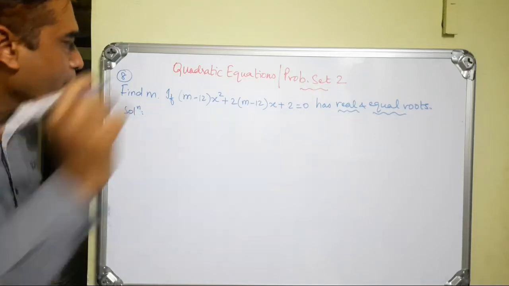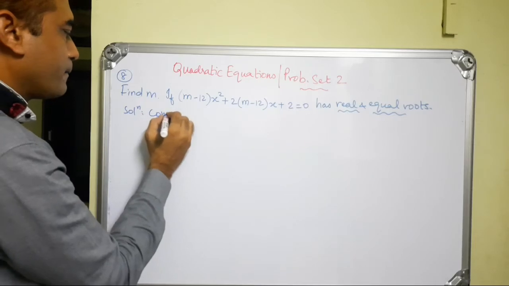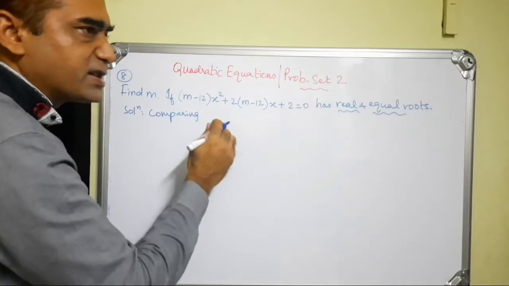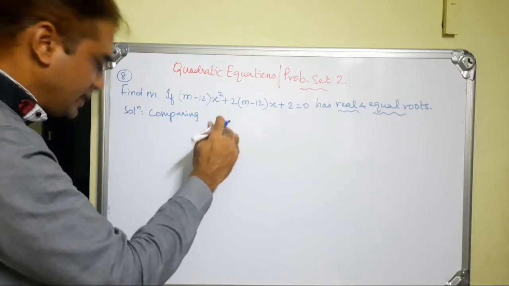Solution. Now comparing, we have to find the value of b² − 4ac. We will compare this equation and find the values of a, b, c.